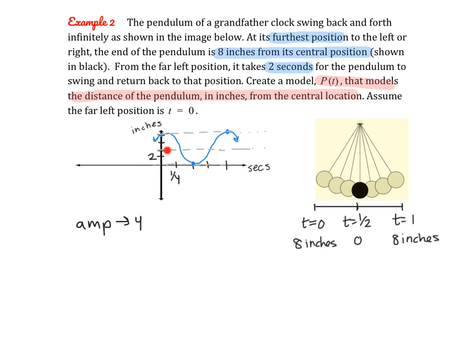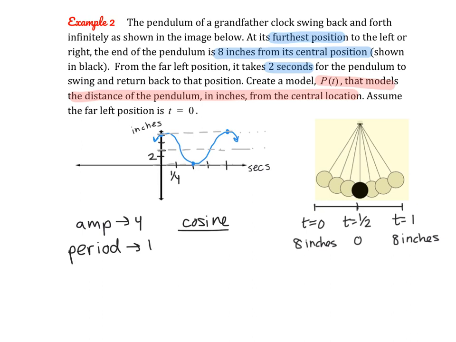Which again is the distance from the midline up or the midline down. We can see that our period is 1 second. And then let's look at what else we should adjust for. I see that since I'm starting at a maximum, it would be easiest for us to use cosine as a function.